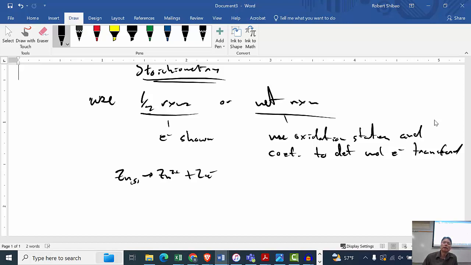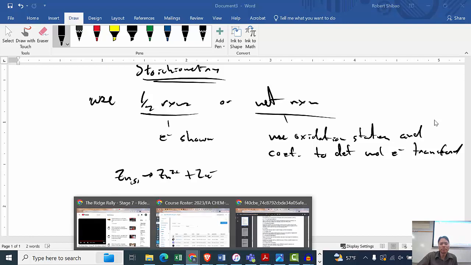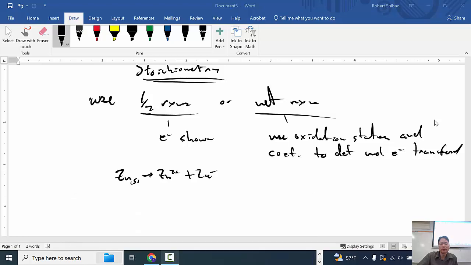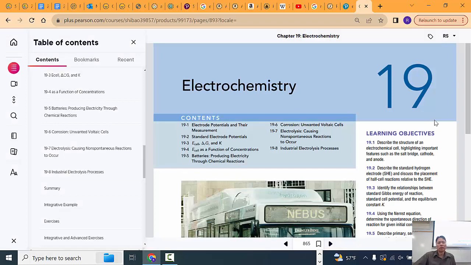Over here, if we look at the net reaction, we have to balance things out. So let's take a look at a net reaction from the book where we have to determine the number of moles of electrons that were transferred. Let's see, where was my book.